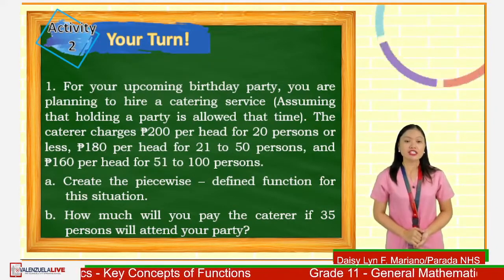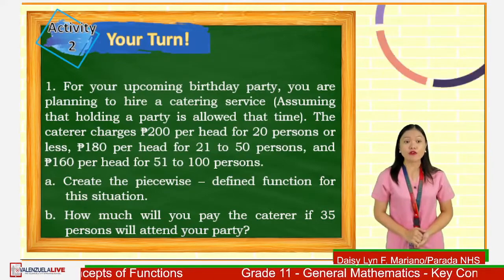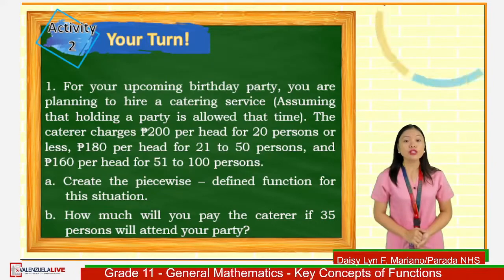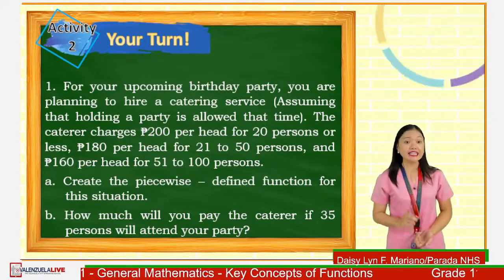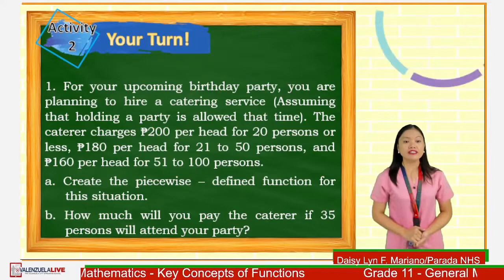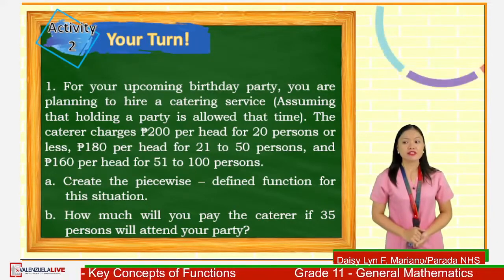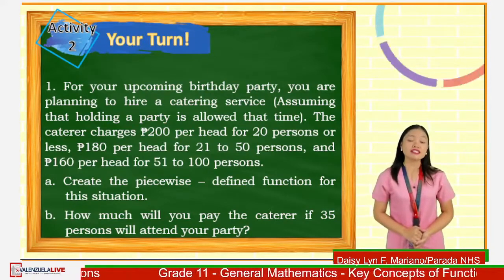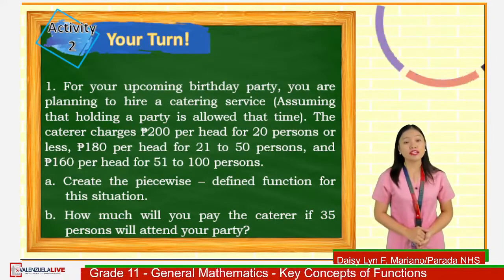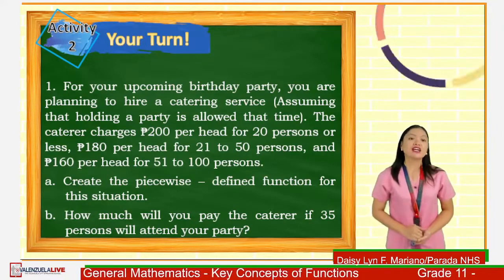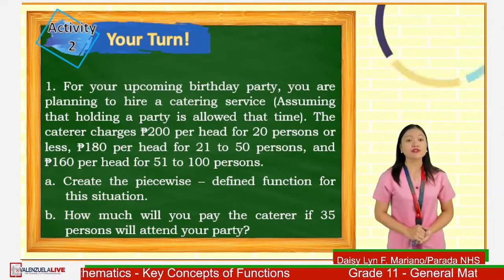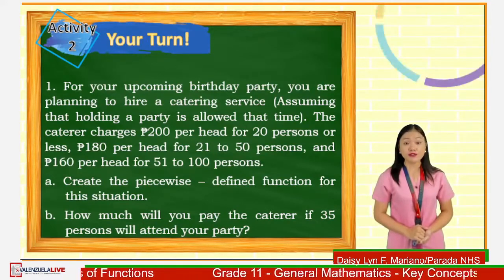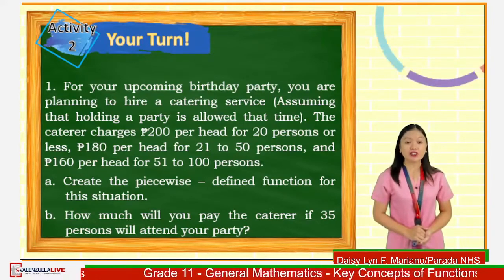The caterer charges 200 pesos per head for 20 persons or less, 180 pesos per head for 21 to 50 persons, and 160 pesos per head for 51 to 100 persons. A. Create the piecewise defined function for this situation. B. How much will you pay the caterer if 35 persons will attend your party?